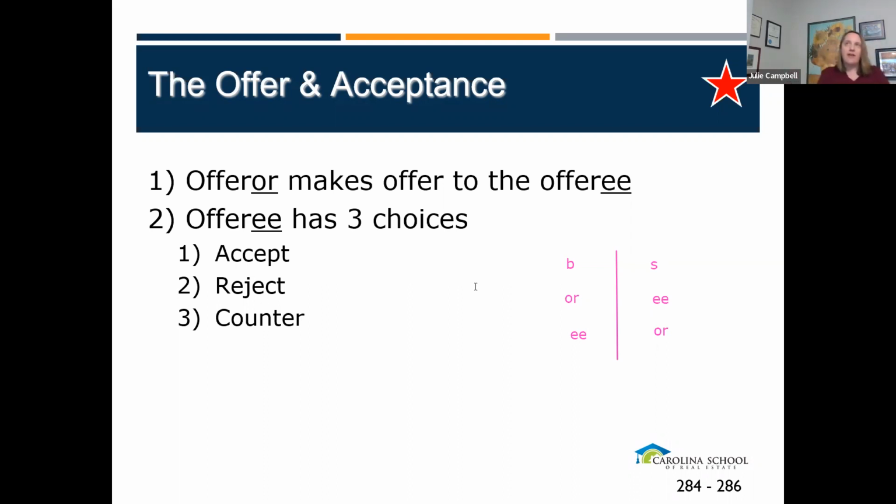When the seller counters, the roles reverse. The seller is now making a brand new offer to the buyer. The seller is the offeror, making the offer to the buyer who's the offeree. What are the buyer's three choices? They can accept it, reject it, or counter. We could counter again, we could counter again.